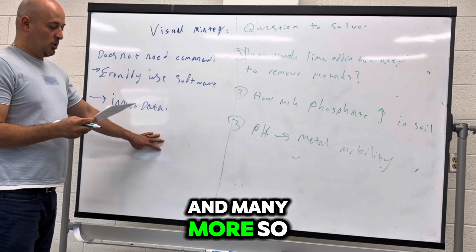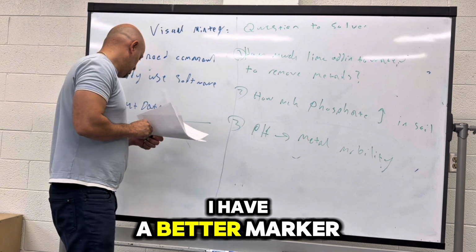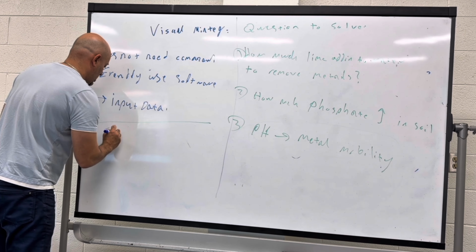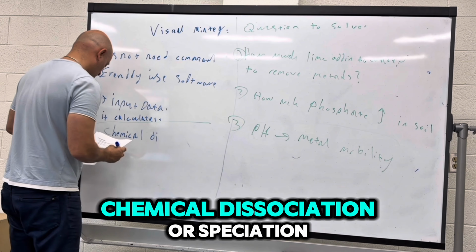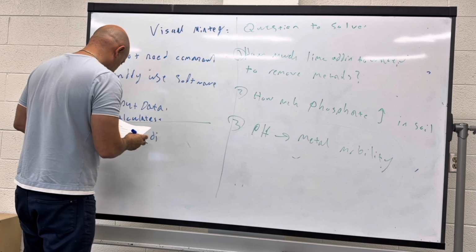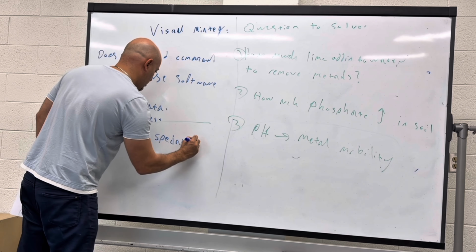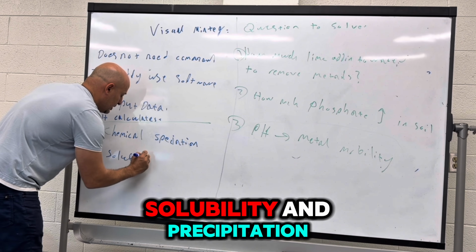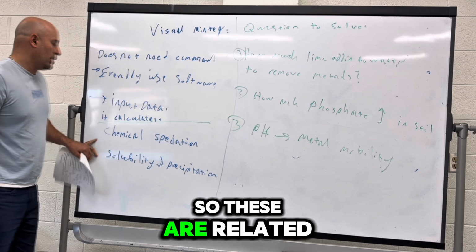And many more. So we can use it for many purposes, because it will calculate for us chemical dissociation or speciation, solubility, and precipitation. So these are related to each other, right?